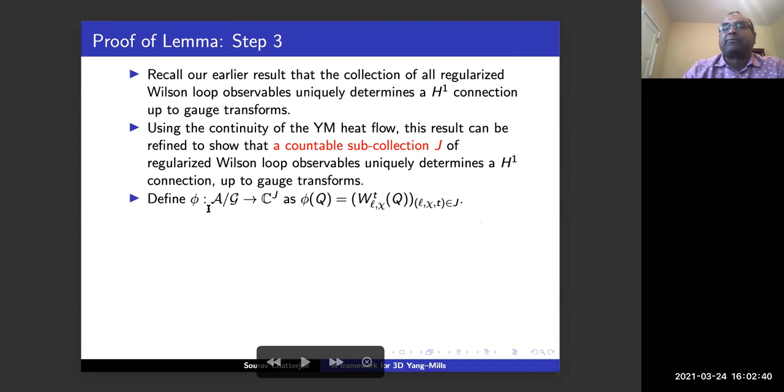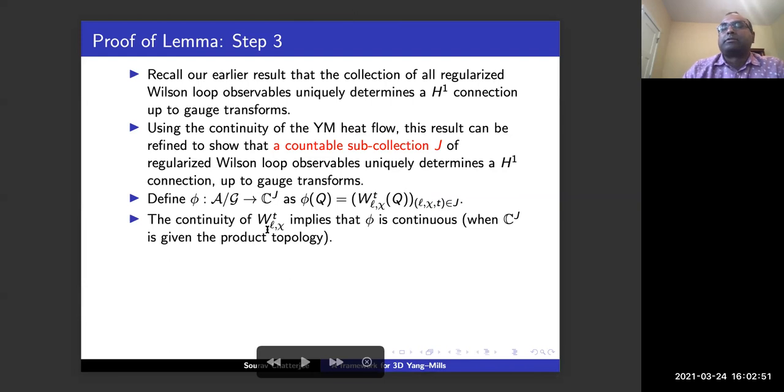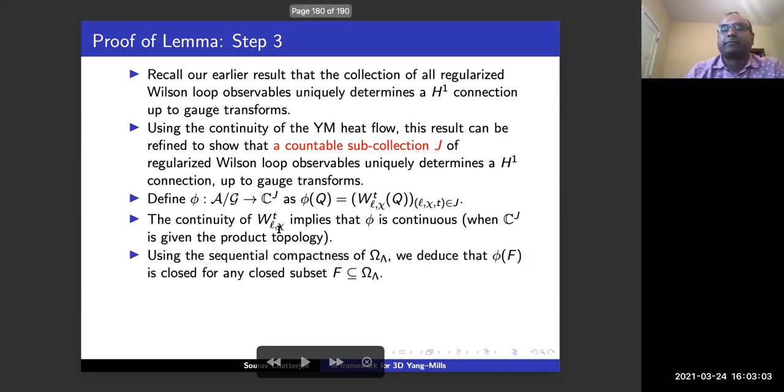So define a map phi, which takes an orbit to a tuple of all the regularized Wilson loop observables in this countable subcollection. The continuity of these maps was proved as a consequence of results by Chatterjee and Gross. So this implies that phi is continuous when C^J is given the product topology.